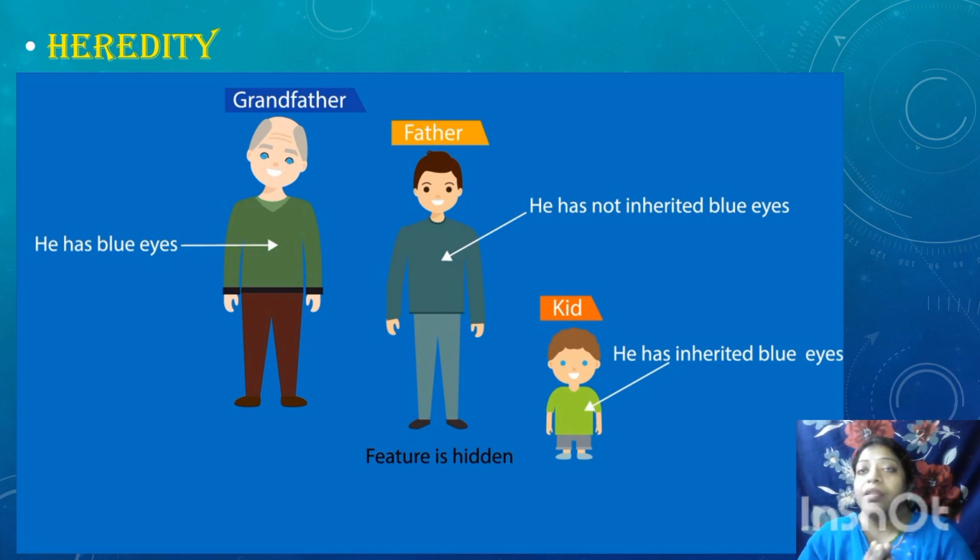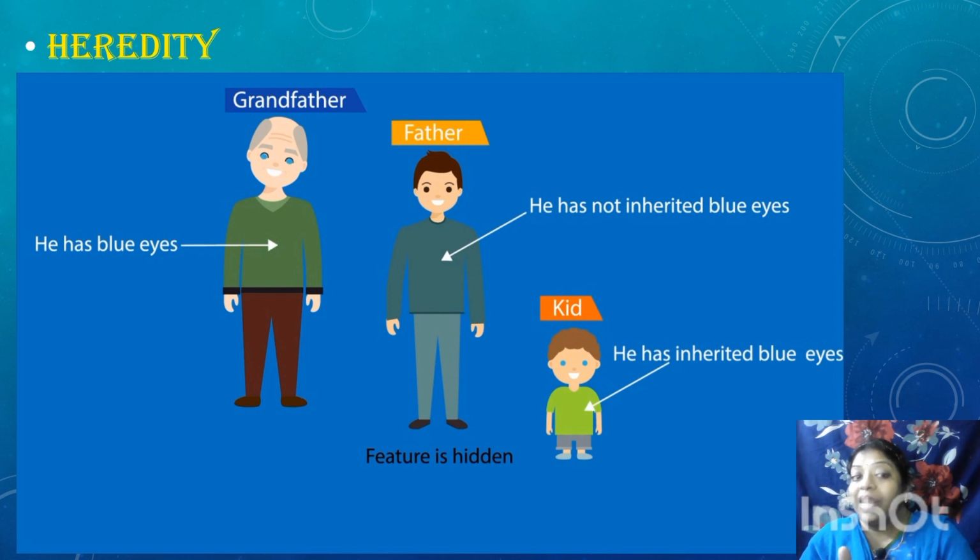When you take the second generation, his father, the man, he did not inherit the similarity, especially the color. The eyes were normal, in black color. Just as you can see in the figure, he has not inherited the blue colored eyes. Also some features are hidden.